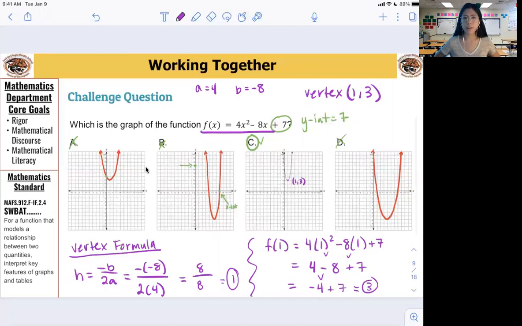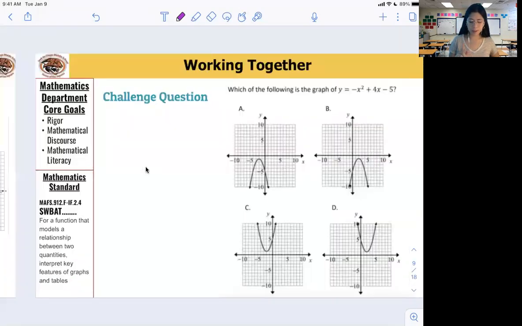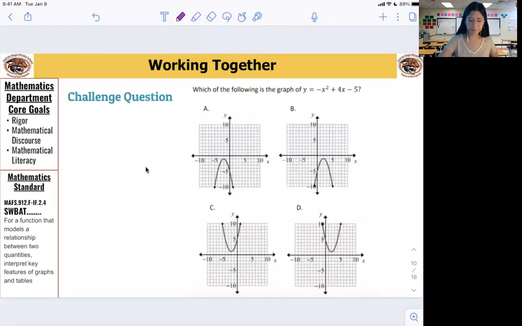All right, questions going once, twice. All right, so this one was from the quiz. And for this one, you will have to use the vertex formula. You can't do it just by looking at the y-intercept. So I'm going to give you guys a full minute.